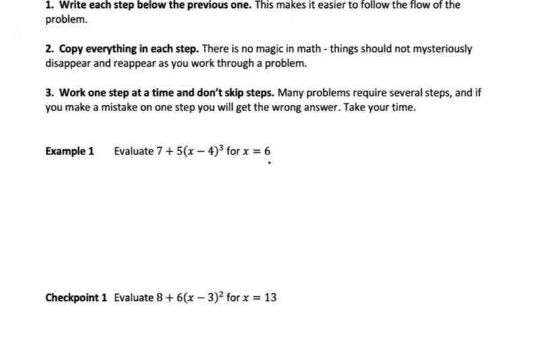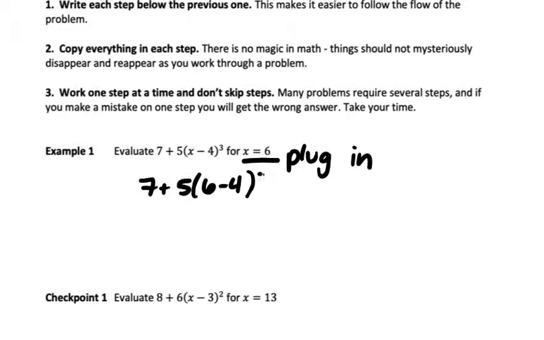So we have 7 plus 5 times x minus 4 to the third. We're evaluating that for x equals 6. This is example 1. It's on page 3 of the textbook. So evaluate means that we plug in 6 for x. So we're going to have 7 plus 5 times 6 minus 4 to the third.